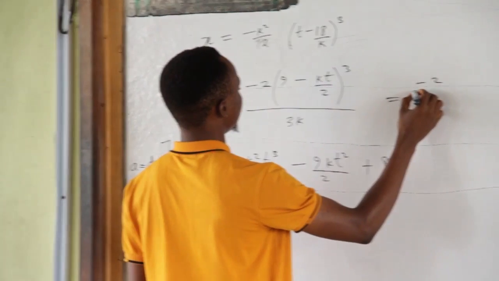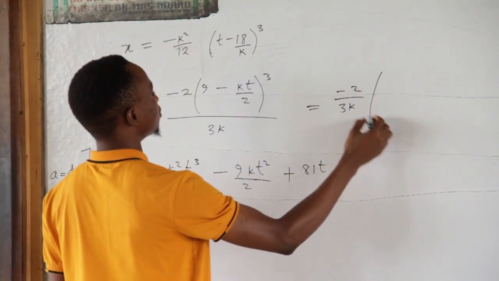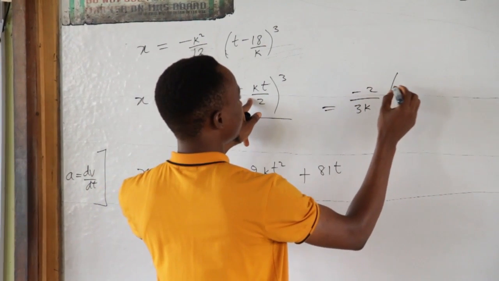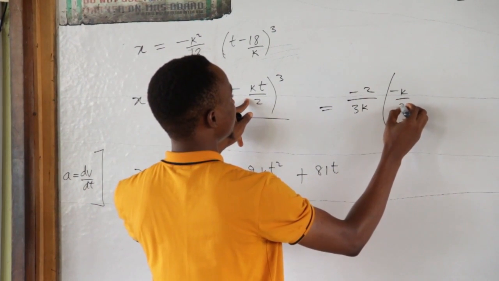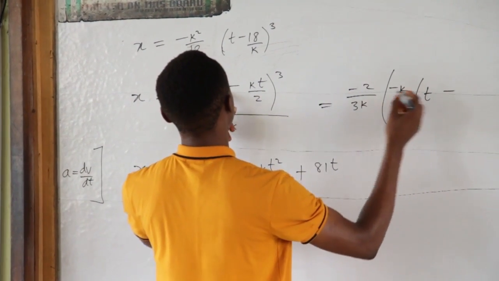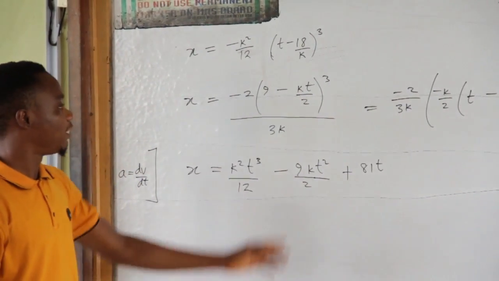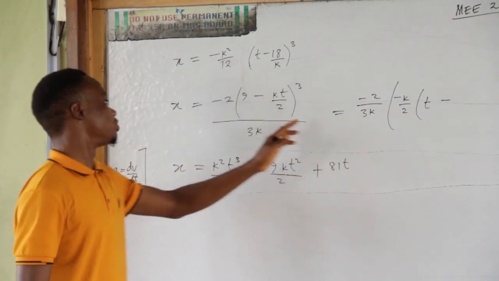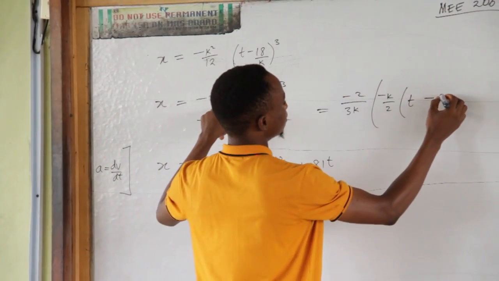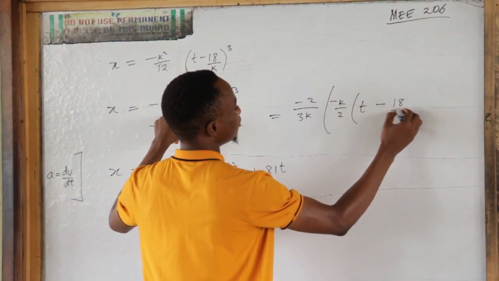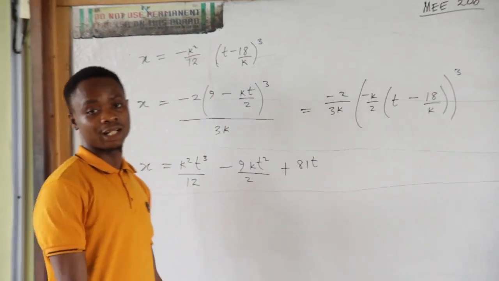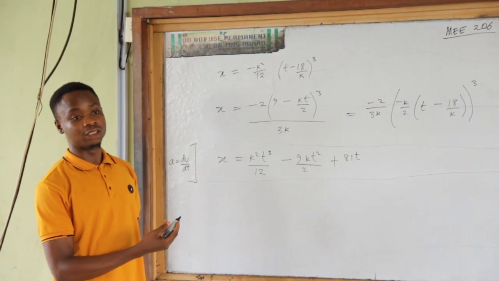Minus 2 over 3k into minus k over 2, then minus k over 2 into c minus 18 over k, all raised to power 3. If I bring out that minus k over 2, it's going to become minus 18 over k. You understand what I'm doing?